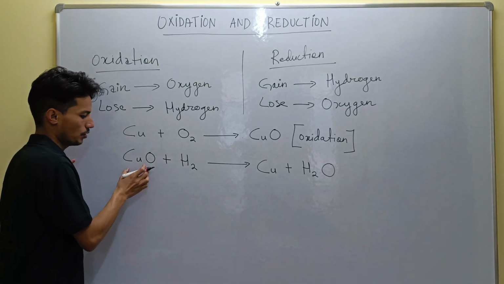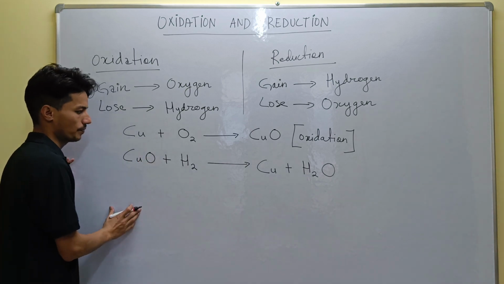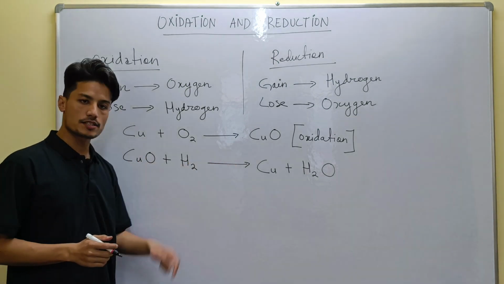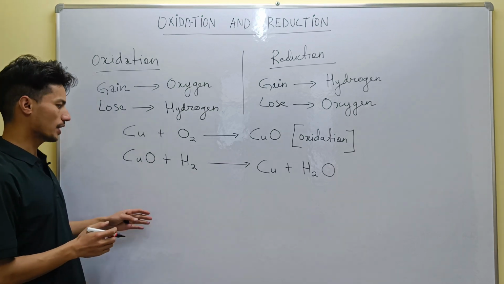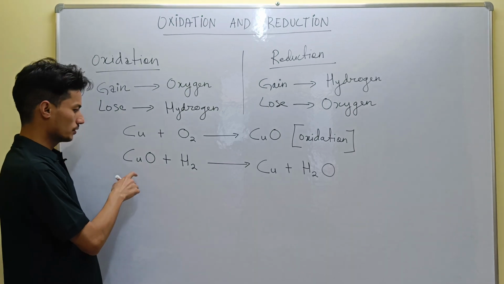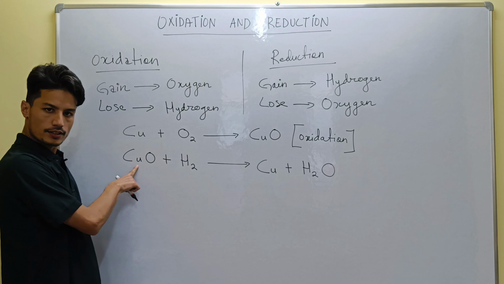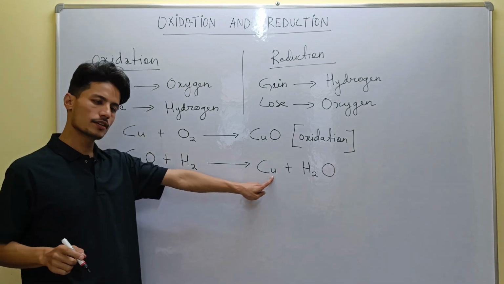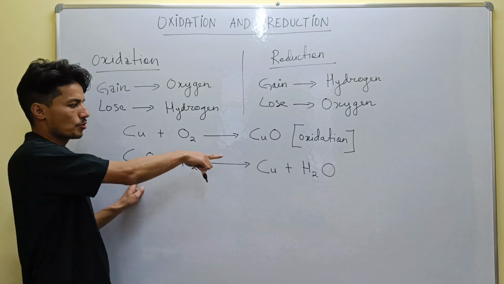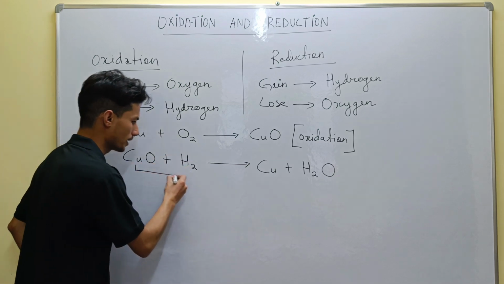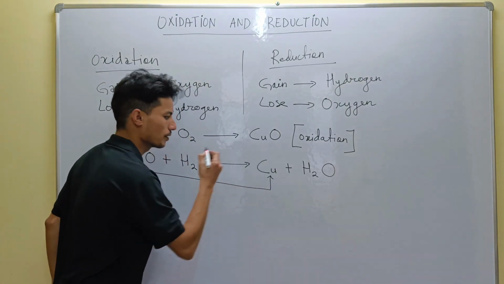Now we will do this with a different technique. We will be drawing lines to show the connection. You see copper here? Yes. You see copper there? Yes. So I see copper here, I see copper there, and I draw a line connecting them.